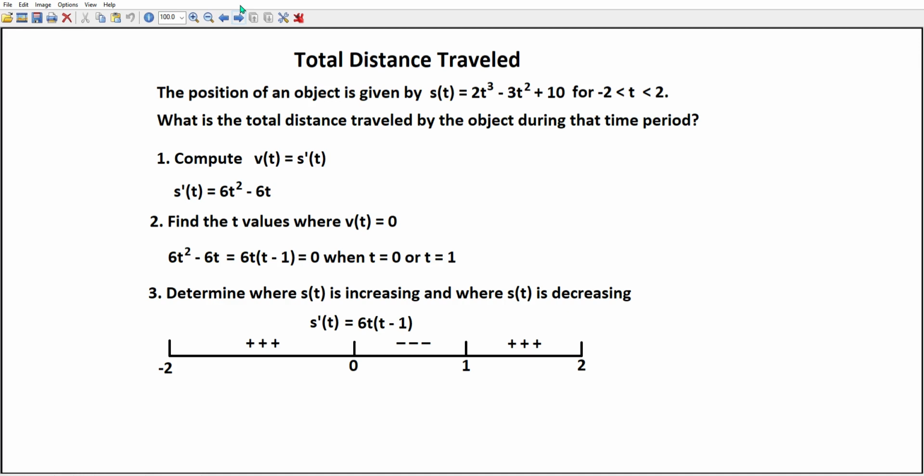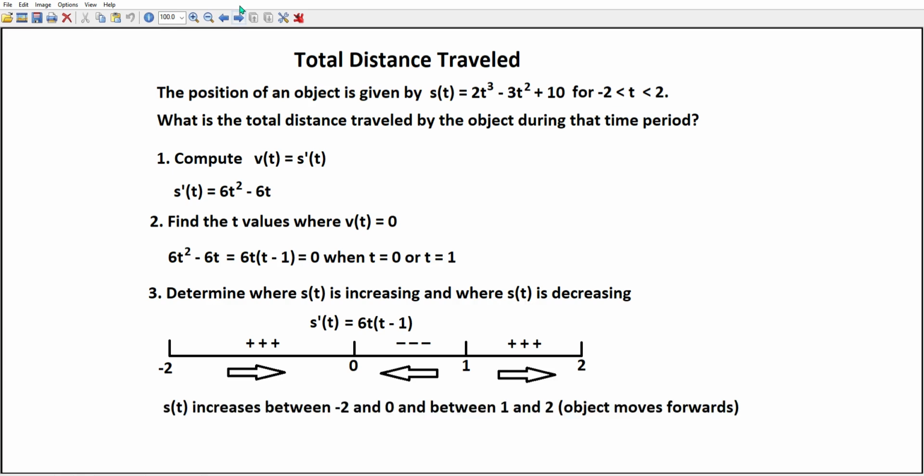And we conclude here, positive means going forward, negative means going backwards. So we can see that s of t increases between minus 2 and 0 and between 1 and 2. So the object's moving forward. And s of t decreases between t equals 0 and t equals 1. The object moves backward.